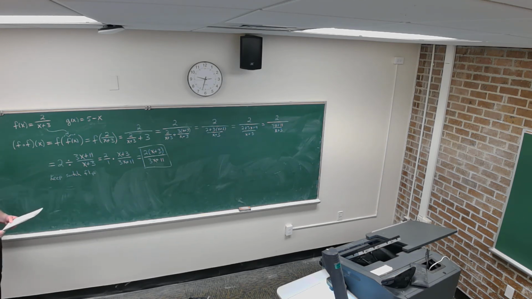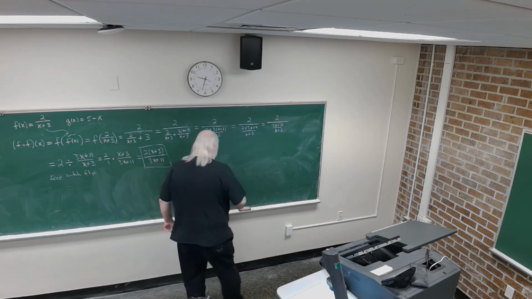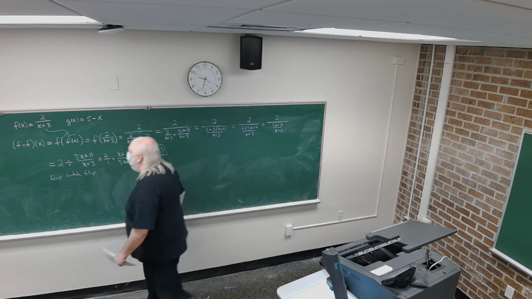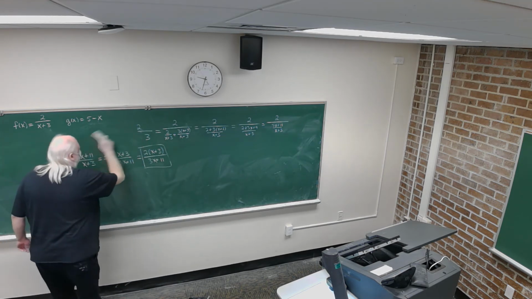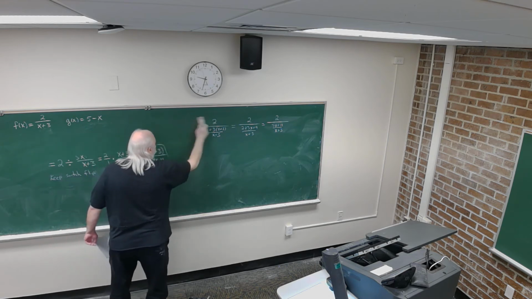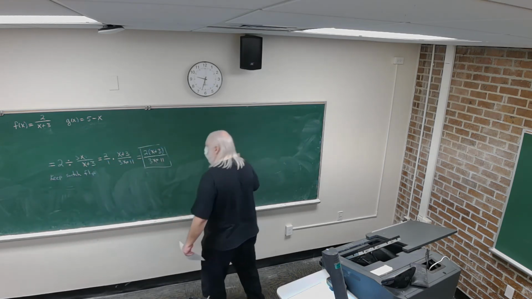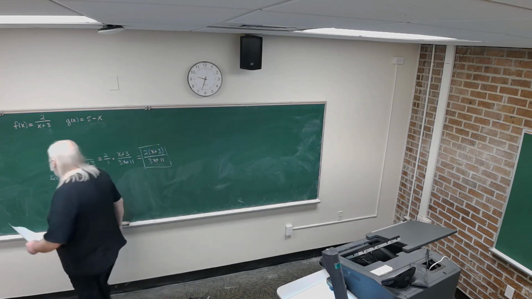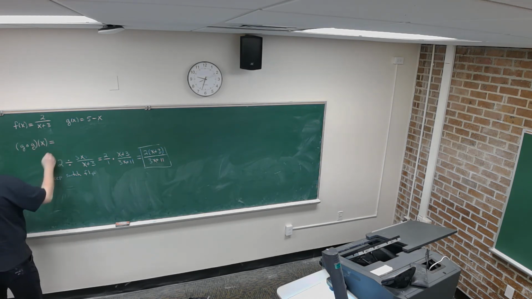All right. So in D, we're doing something similar. We're taking the composite of the function g with itself. So in D, we have the composite of the function g with itself as a function of x.